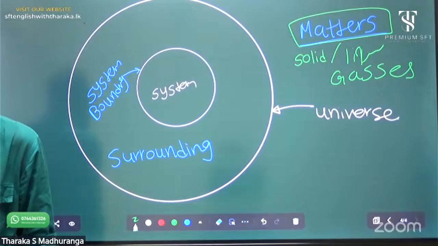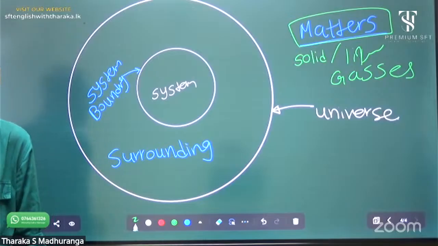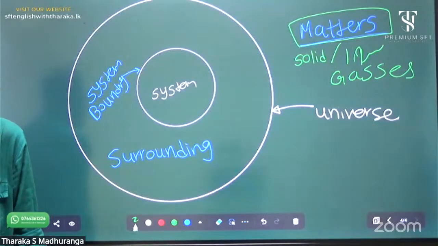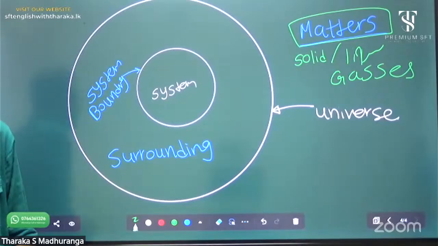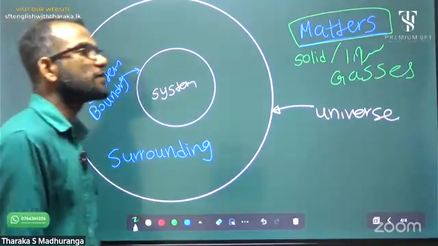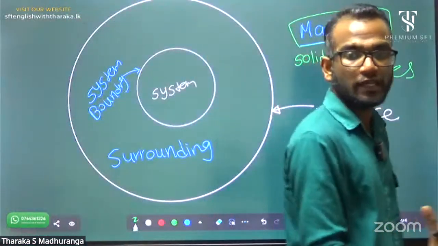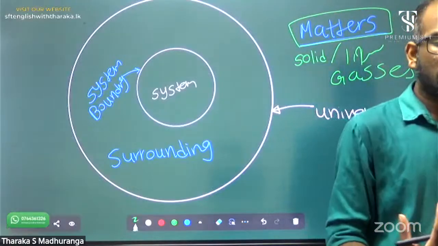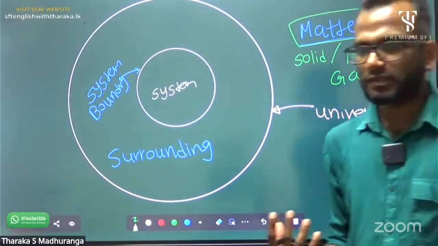What's the meaning of matter? The definition I need. Last lesson we discussed every type of matter and how physical matter changes its physical state. What's the meaning of matter?